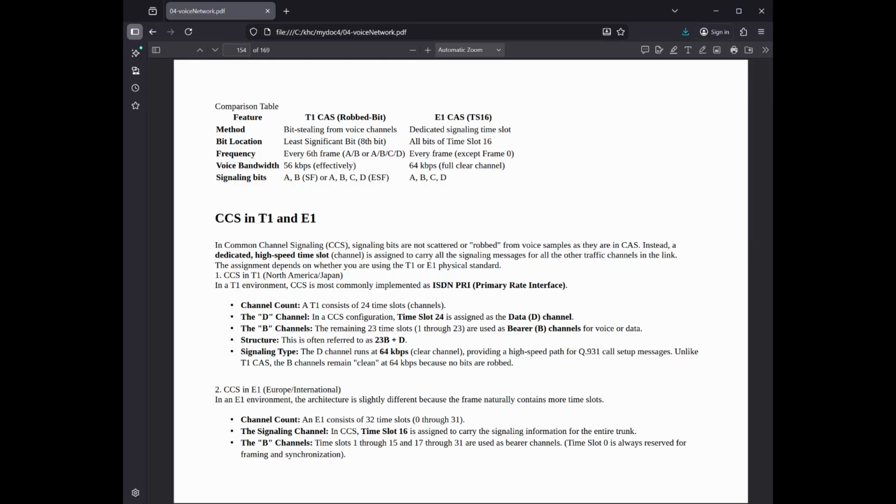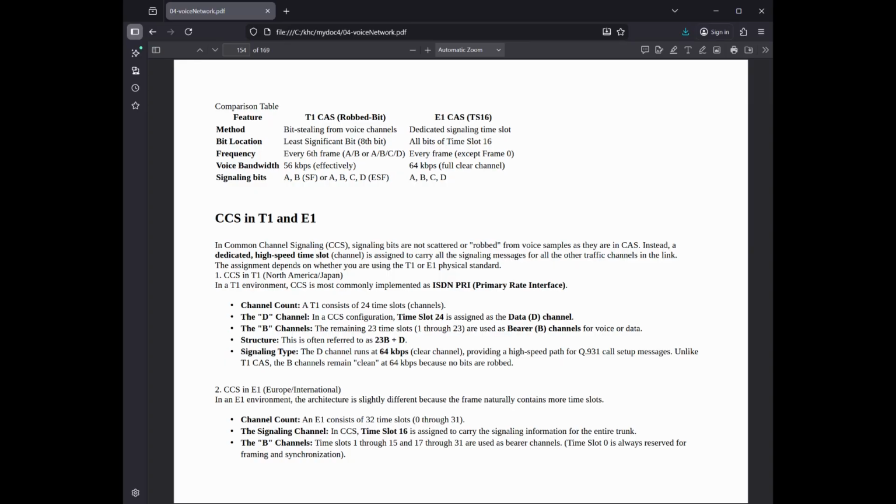CCS in E1, Europe/International. In an E1 environment, the architecture is slightly different because the frame naturally contains more time slots. Channel count: an E1 consists of 32 time slots, 0 through 31. The signaling channel: in CCS, time slot 16 is assigned to carry the signaling information for the entire trunk.